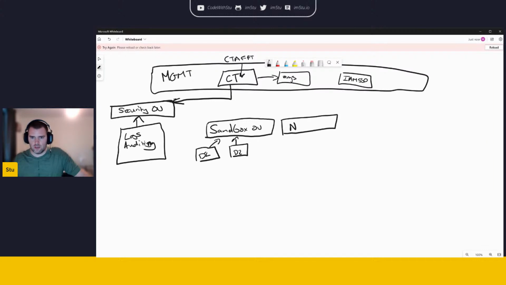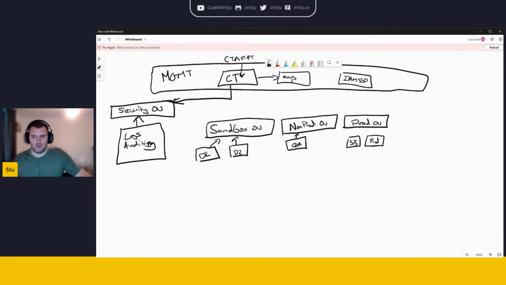You then have a non-prod OU, and this is for dev accounts, or QA type accounts. So we've got QA. You then have a prod OU, and this is where your SBox and your actual production accounts will live.